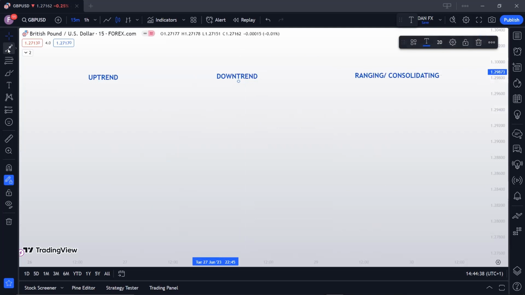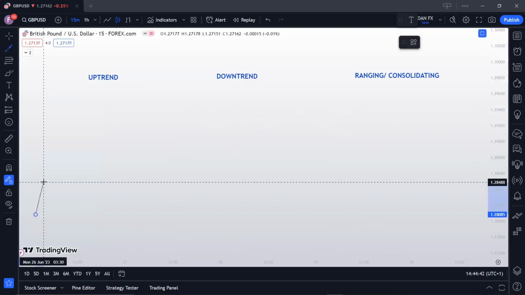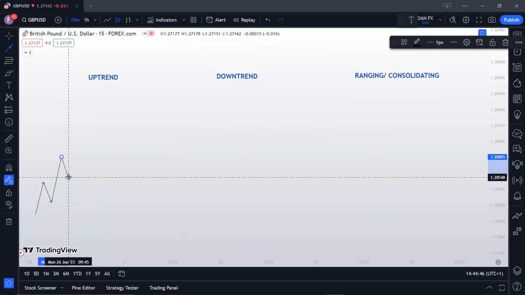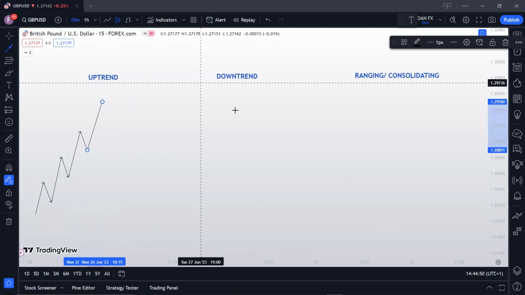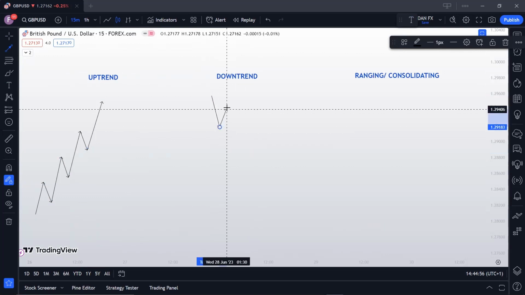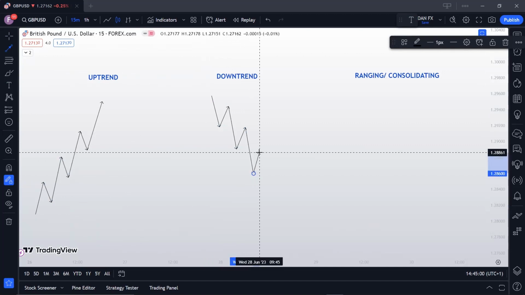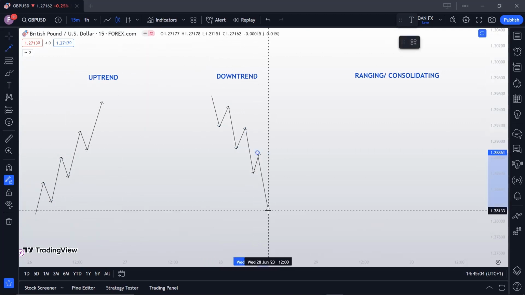Now, an uptrend, what does it look like? We're going to have a high, a low, a higher high, higher low, higher high, higher low, and higher high. That's an uptrend. A downtrend consists of what? A series of lower highs and lower lows. So we have a low, we have a high, we have a lower low, lower high, lower low, lower high, and eventually a lower low.